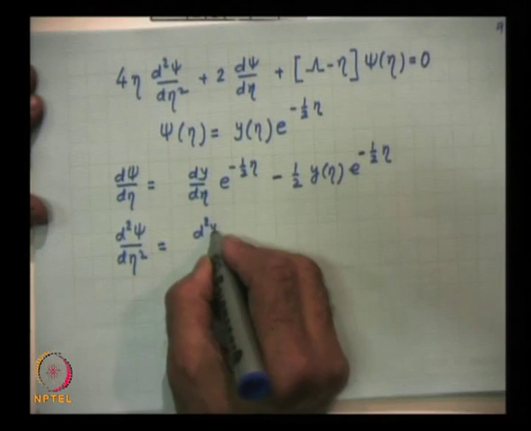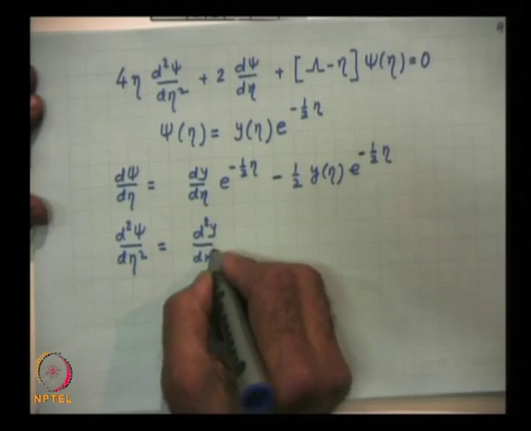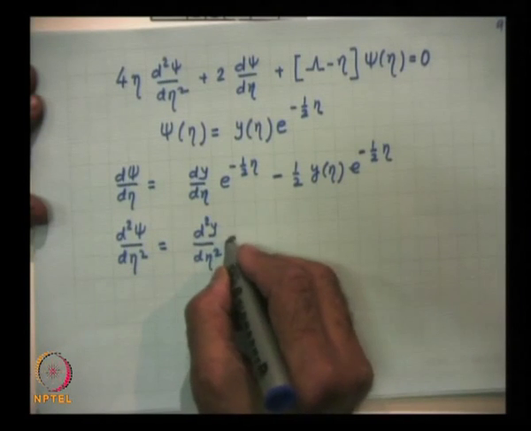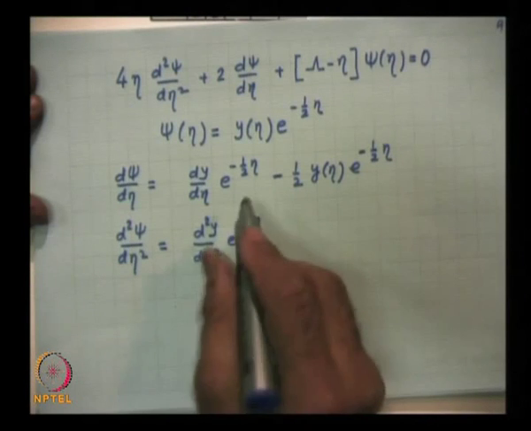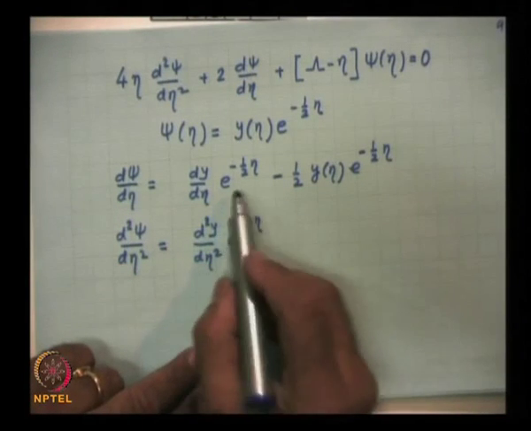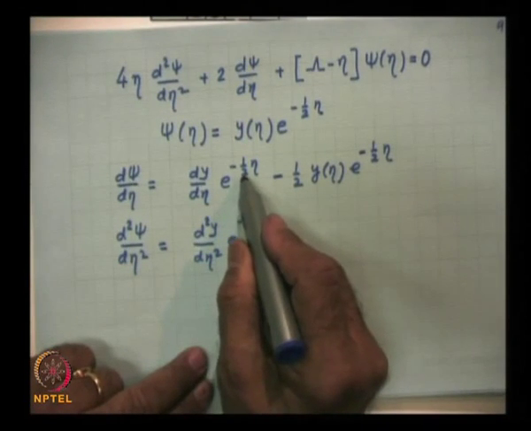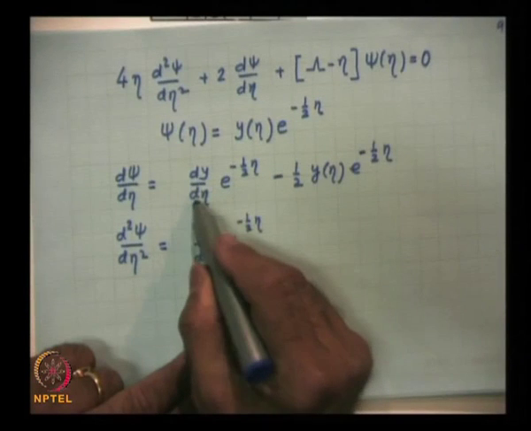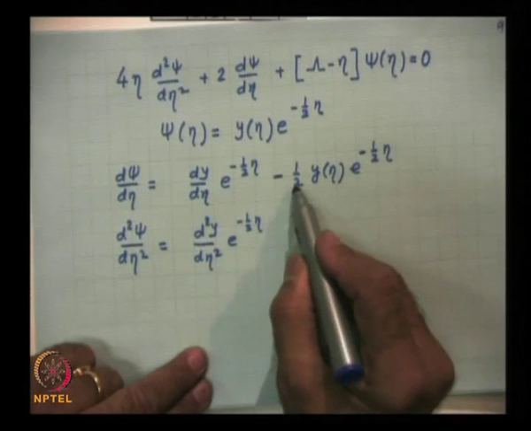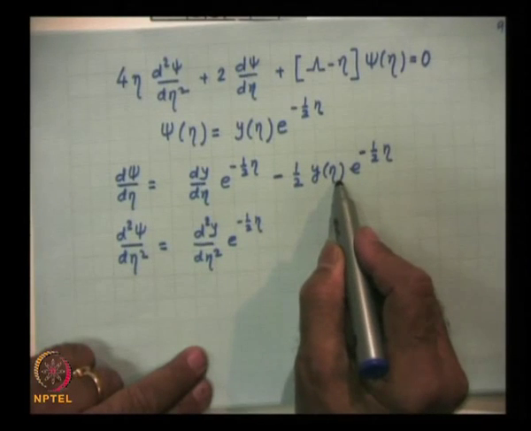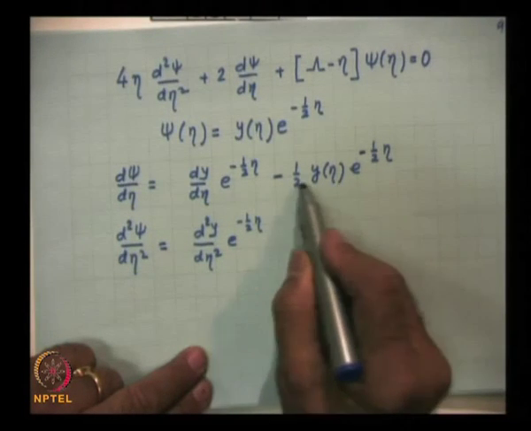This is equal to d2 y by d eta square e to the power of minus half eta. And then when I differentiate the second term, I will get minus half dy by d eta e to the power of minus half eta. And here when I differentiate this term, I will get minus half.